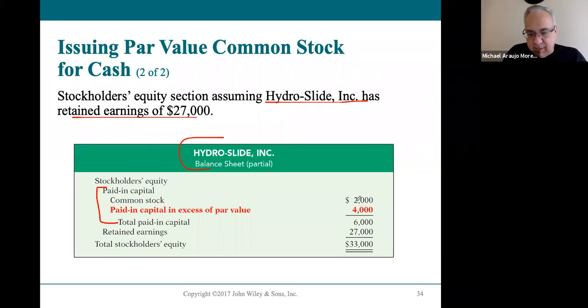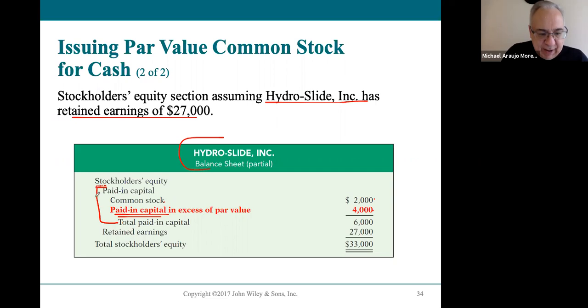This should be 1,000, right? But anyway, the par value is credited to the common stock account. Anything over that par value is going to go into the paid-in capital in excess of par. Okay, and so that's basically how it would look on the balance sheet.